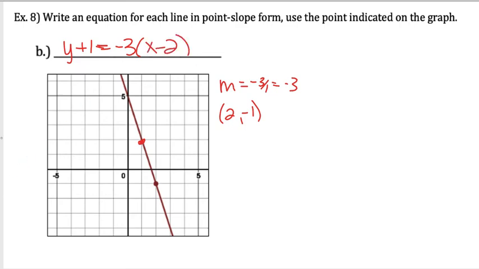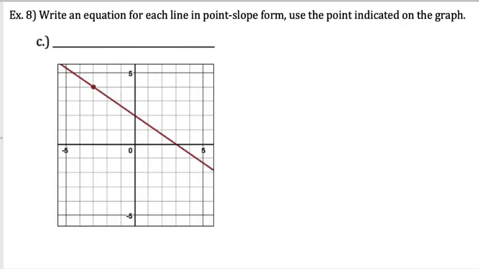And on example C, then our equation would be, let's first find our point. Looks like (-3, 4). And the slope for this line, find another point where you cross. Let's see, falling 2, running 3, and it's negative, falling downhill, so -2/3 as my slope.